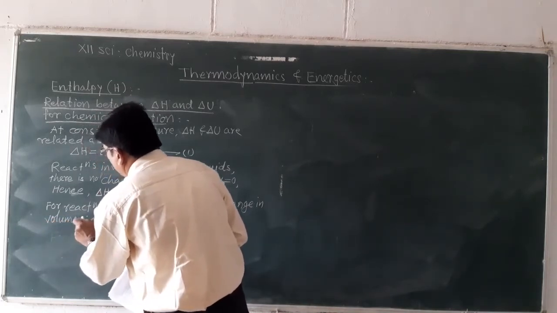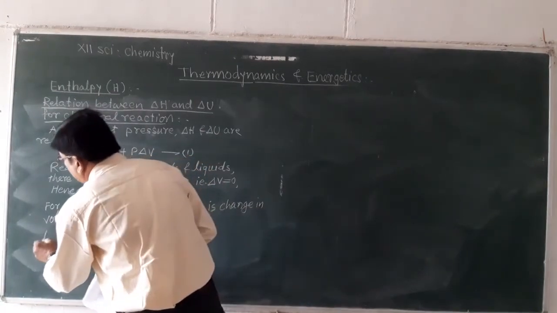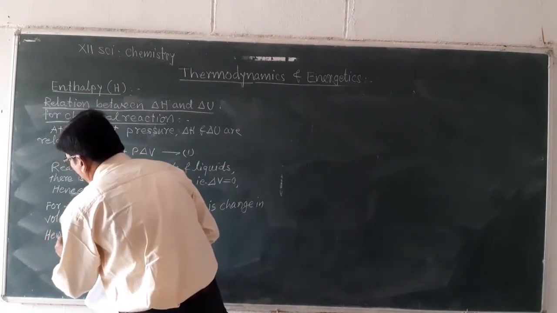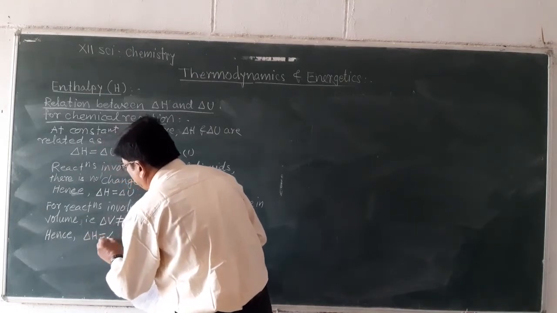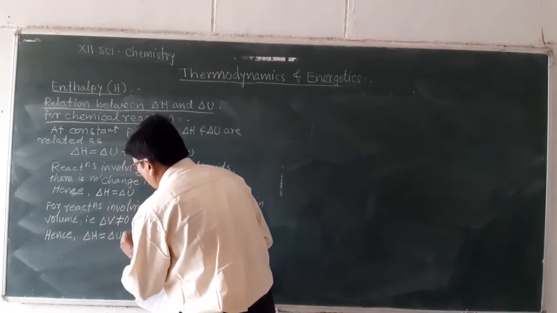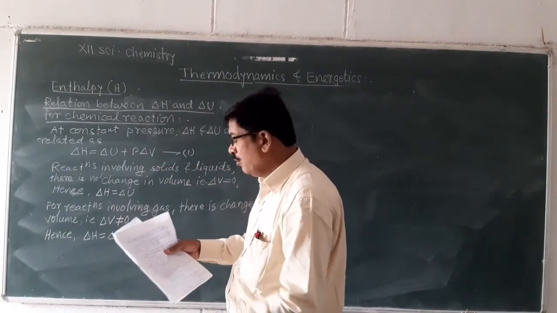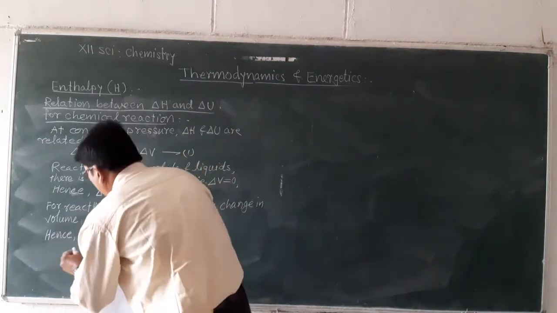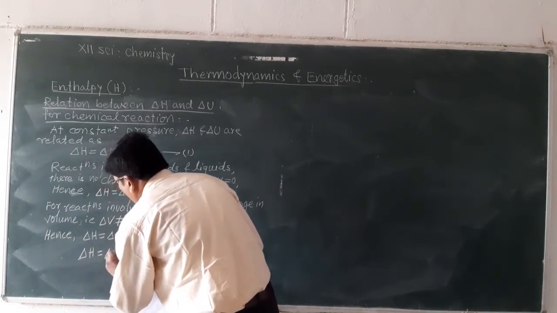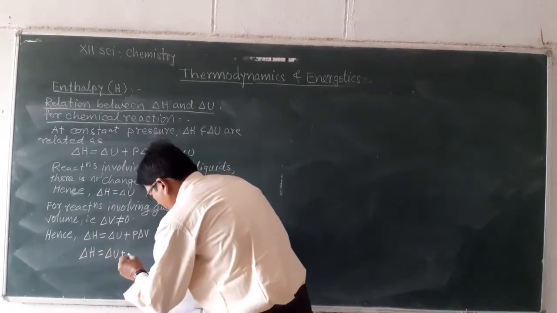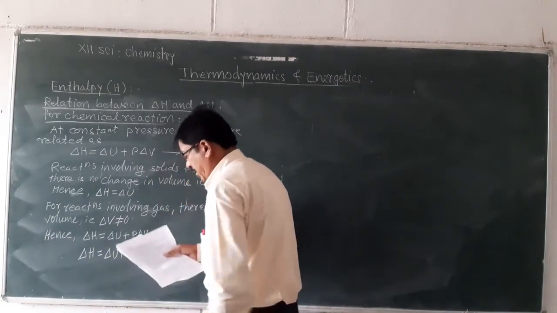That is, delta V is not equal to 0. In this case, we can have a relation between delta H and delta U like this. Delta H is equal to delta U plus P delta V. Now, this equation can be modified further as delta H is equal to delta U plus P into (V2 minus V1).